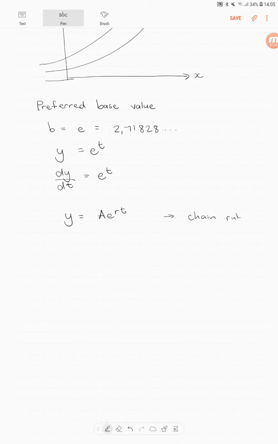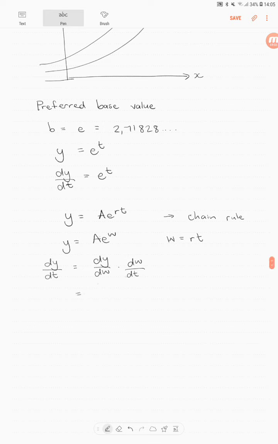So we set y equal to a e to the w, w is equal to rt. That means dy/dt will be equal to dy/dw times dw/dt.